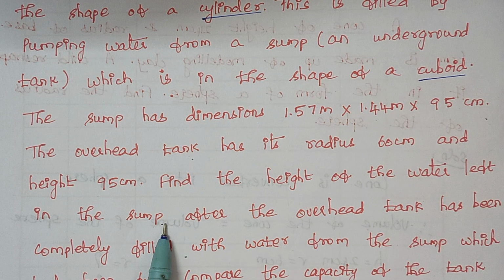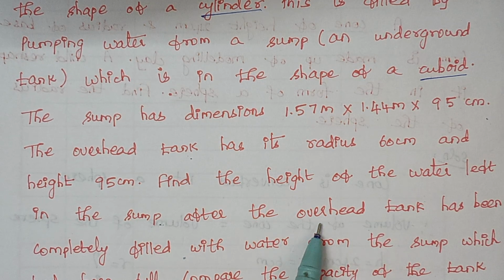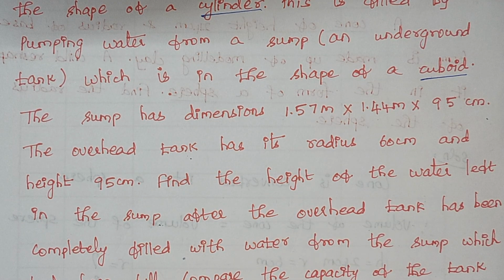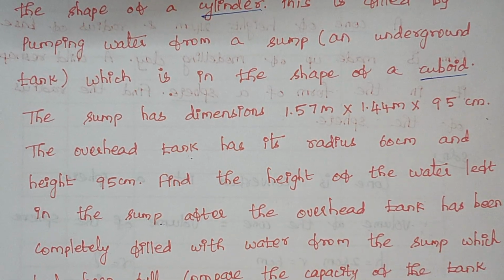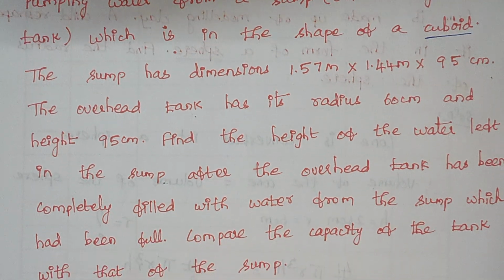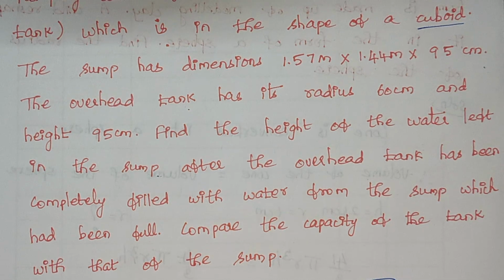When do you have to find the height? When the overhead tank is full. That is explained in a big sentence: the overhead tank had been completely filled with water from the sump which had been full. That is, initially the cuboid is totally full.